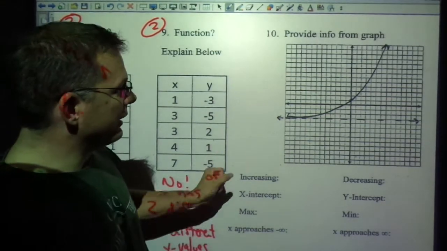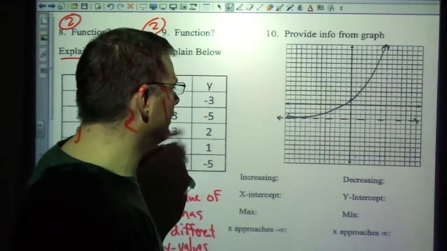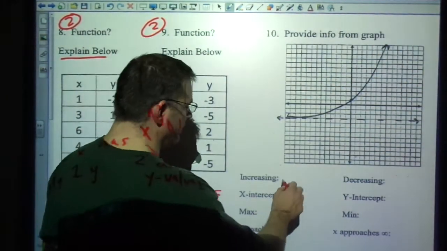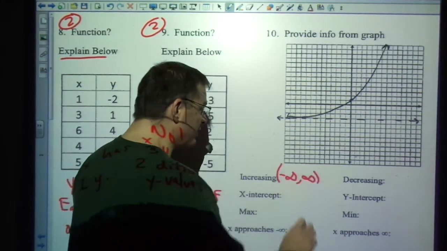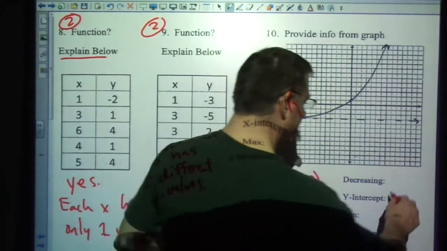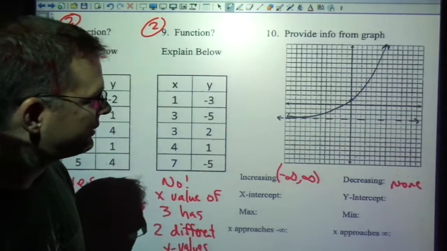Where is it increasing? As we move, we're always talking about moving left to right. The whole time it's increasing. So this is from negative infinity to positive infinity, it is increasing. Where is it decreasing? Never. Where is the x-intercept?